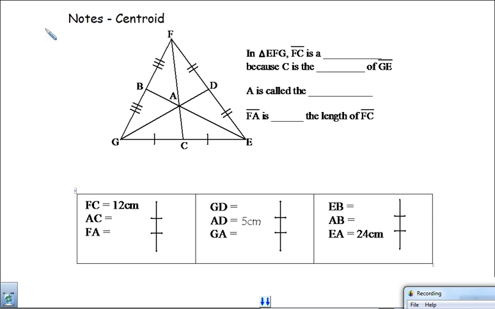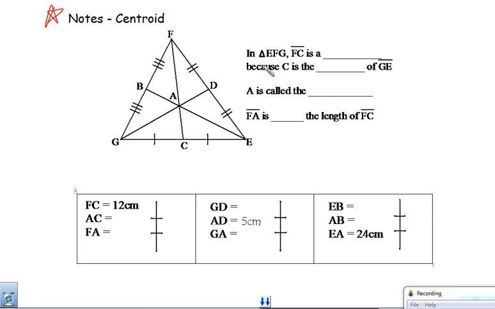Alright, so notes on centroids. In triangle EFG, this big triangle, segment FC here is a median because C is the midpoint.